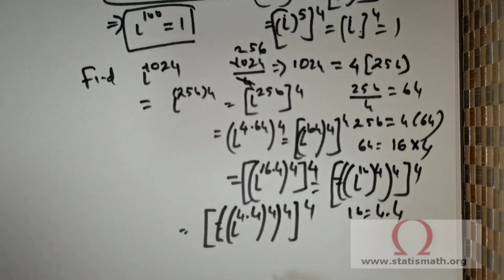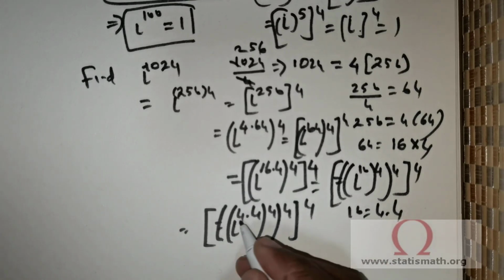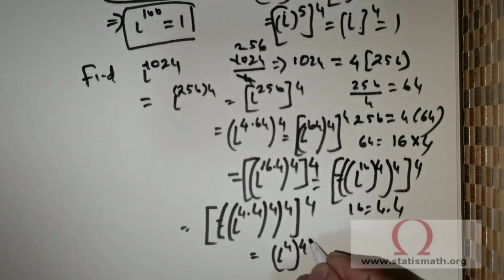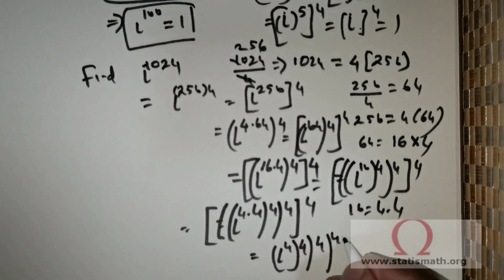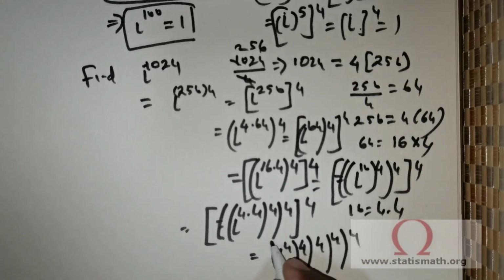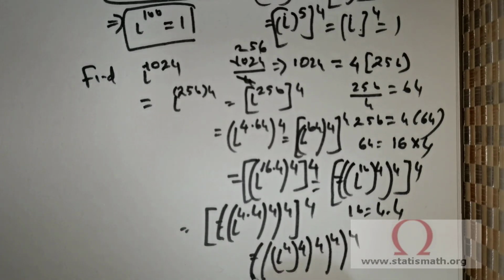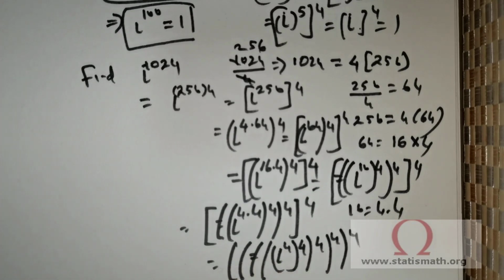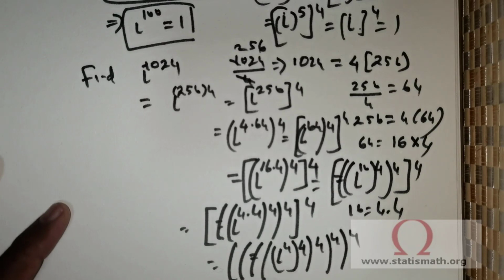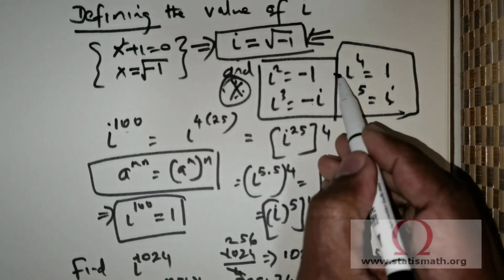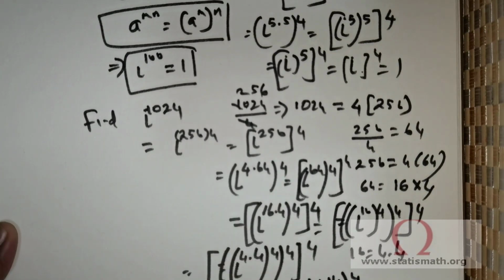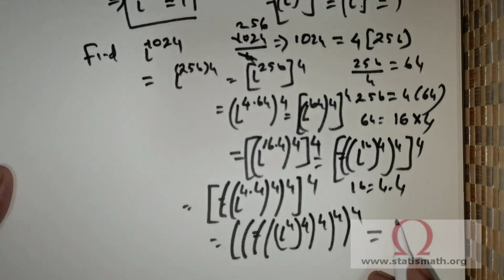Now this can be further rewritten as i raised to the power 4, raised to the power 4, raised to the power 4, raised to the power 4, raised to the power 4. Now this is 1. i raised to the power 4 is 1. Why? I know the value of i raised to the power 4. So that means this entire thing is going to be equal to 1.